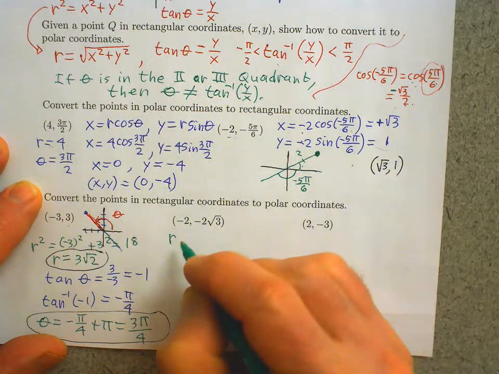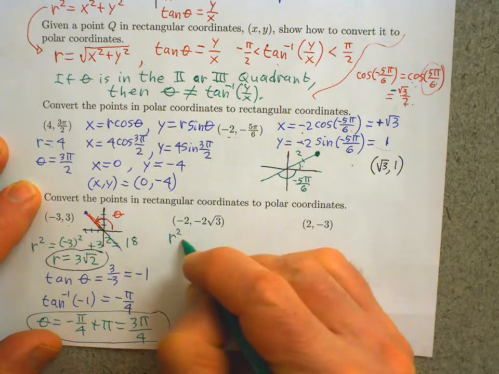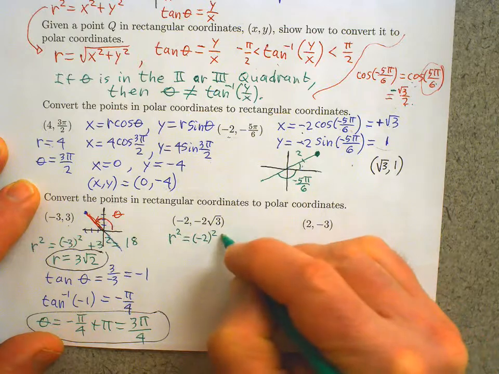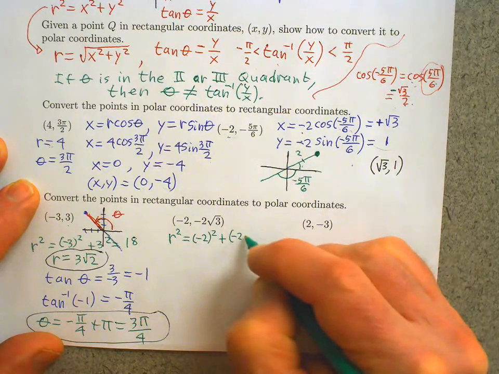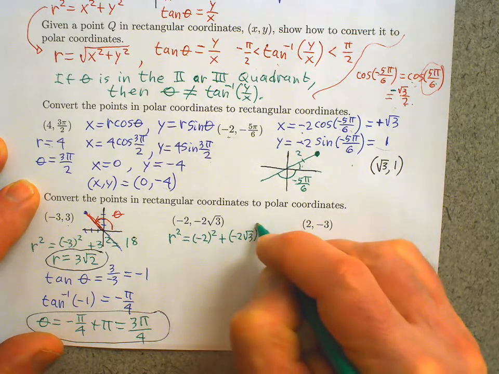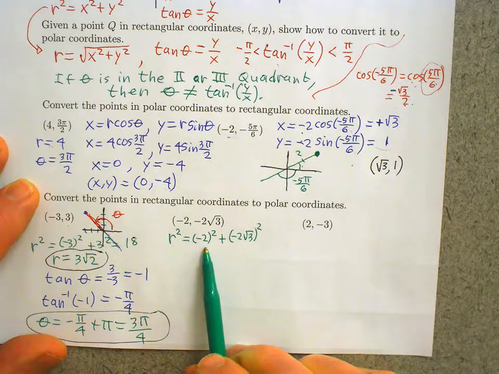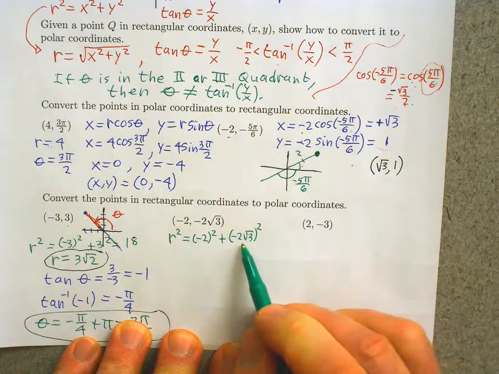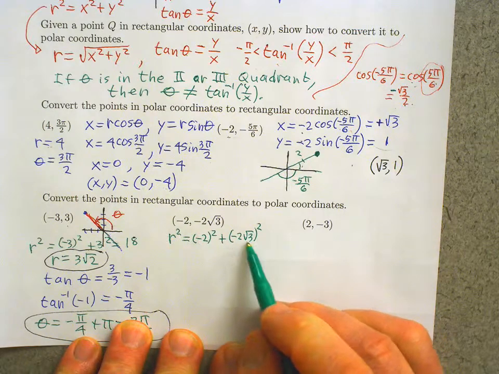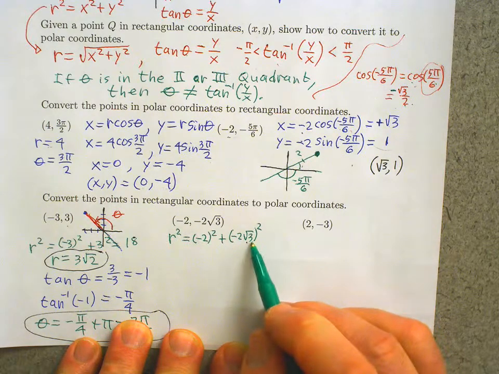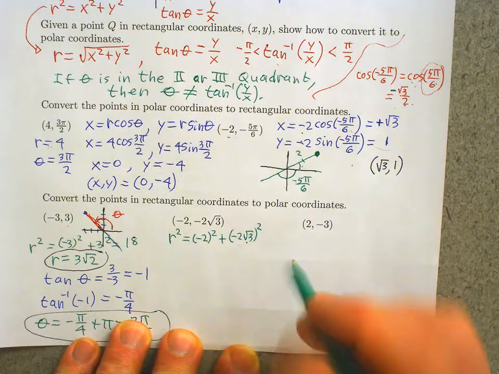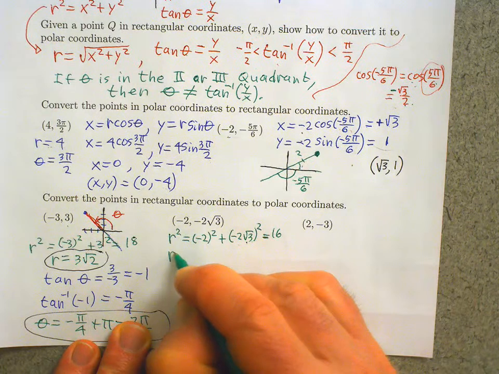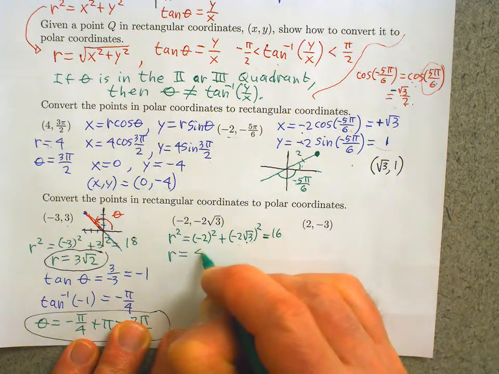R squared is equal to x squared plus y squared. So negative 2 squared is 4, and negative 2 times the square root of 3 squared is 12. So r squared is 16. And so the value of r is 4.